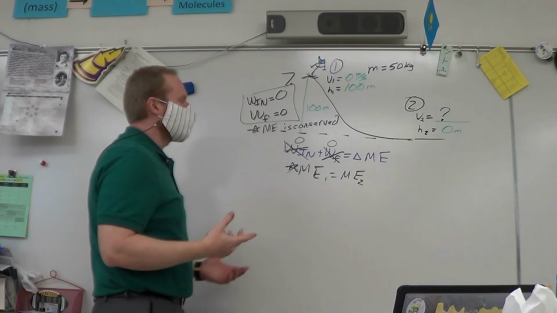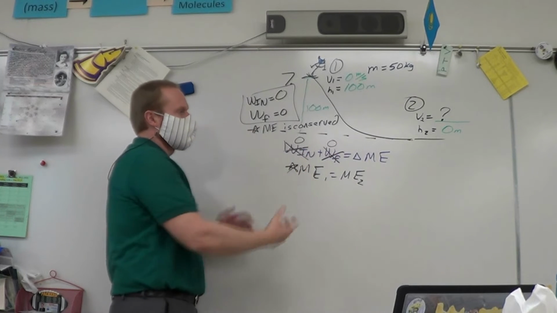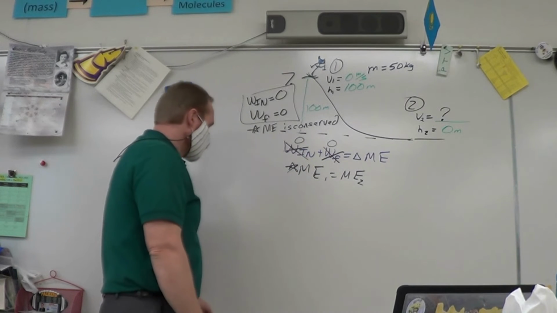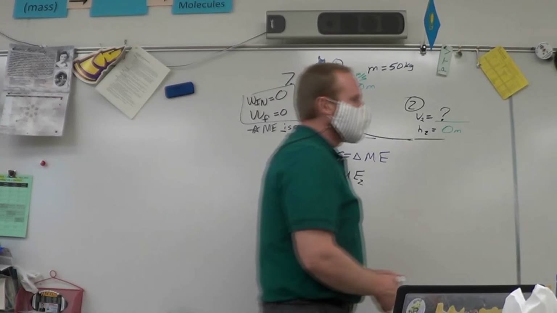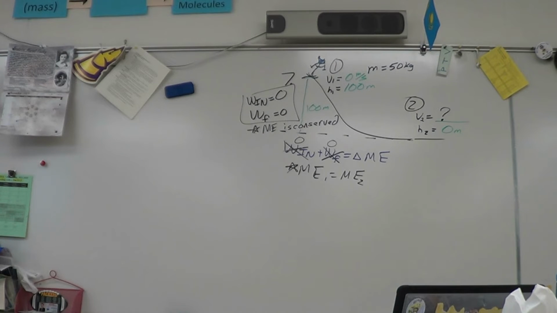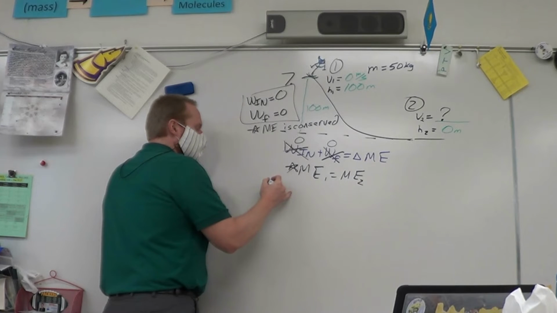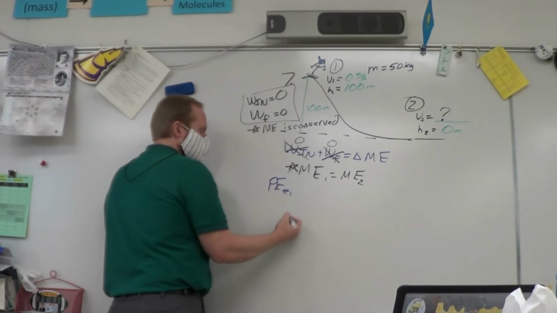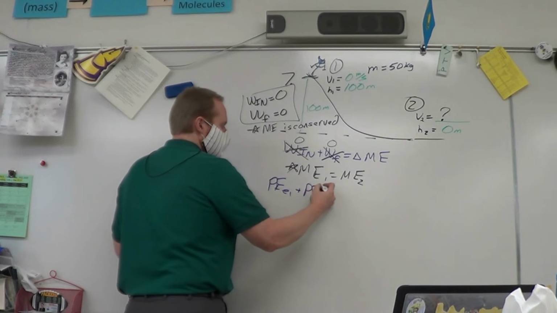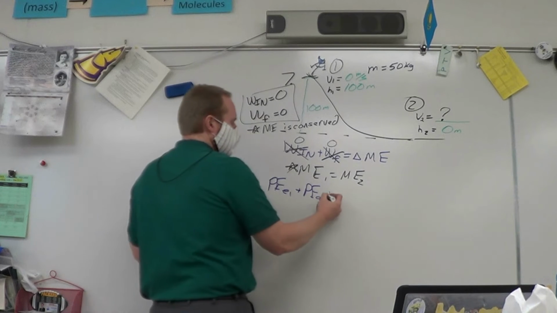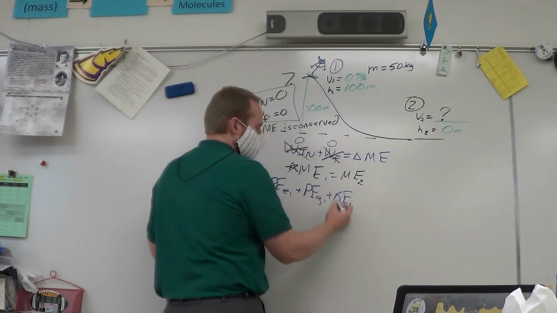Now, if there was spring stuff, we'd include spring stuff. There's no springs mentioned here. ME is the combination of my potential elastic and my gravitational and my kinetic energy at location 1. So I really encourage you to expand this out, and say ME1 is equal to PEE1 plus PEG1 plus KE1.